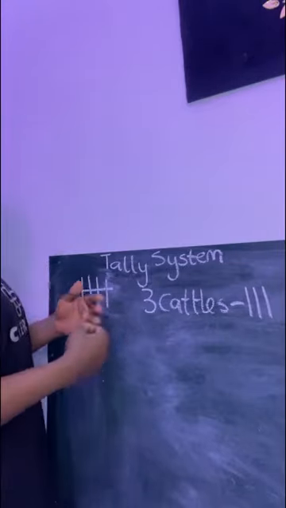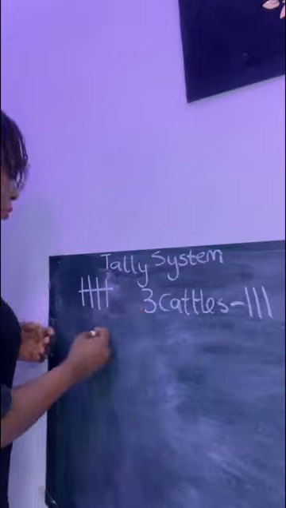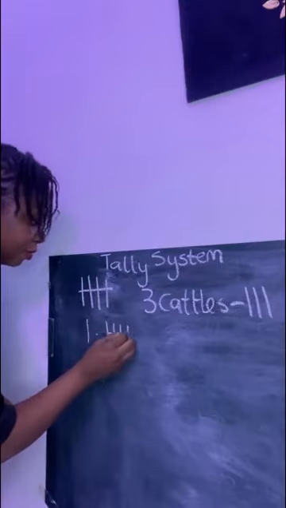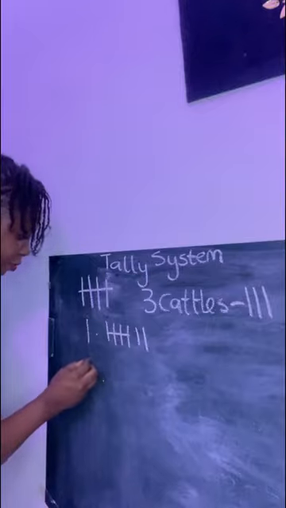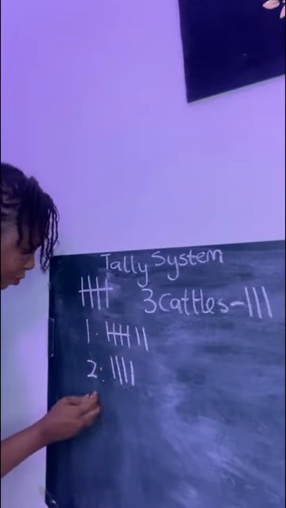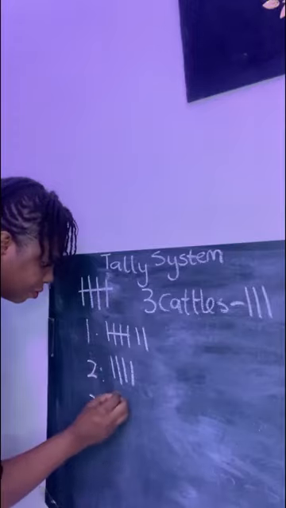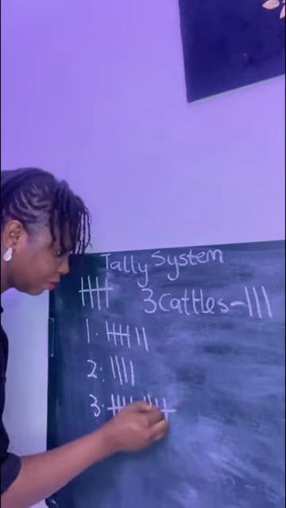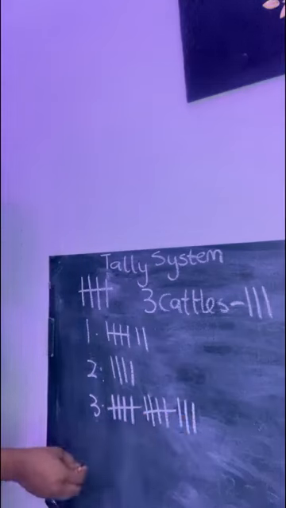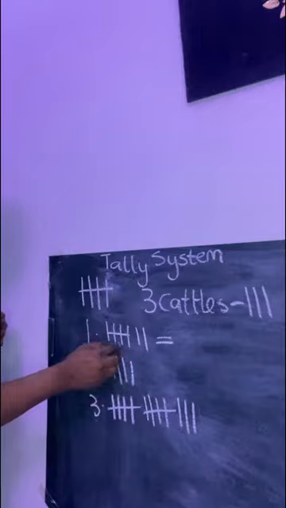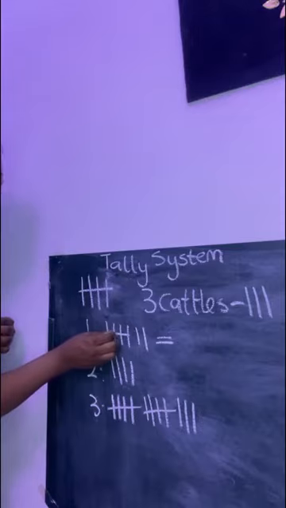We'll be showing some examples here so we'll understand more. If we have something like this, let's count it. 1, 2, 3, 4. Then this one here is the fifth mark.